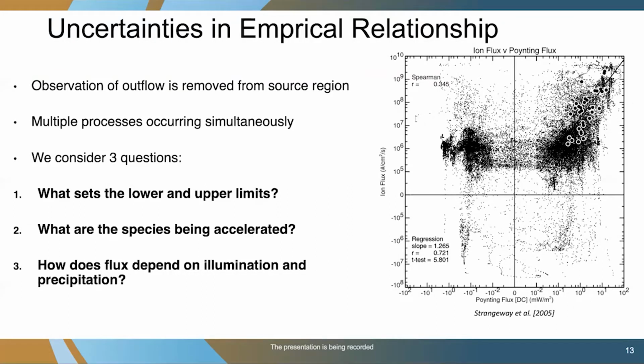For the same energy inputs, how are the different species responding? And then we also want to understand how illumination and precipitation factor into these empirical relationships. Is it different for solar maximum versus solar minimum, for example?